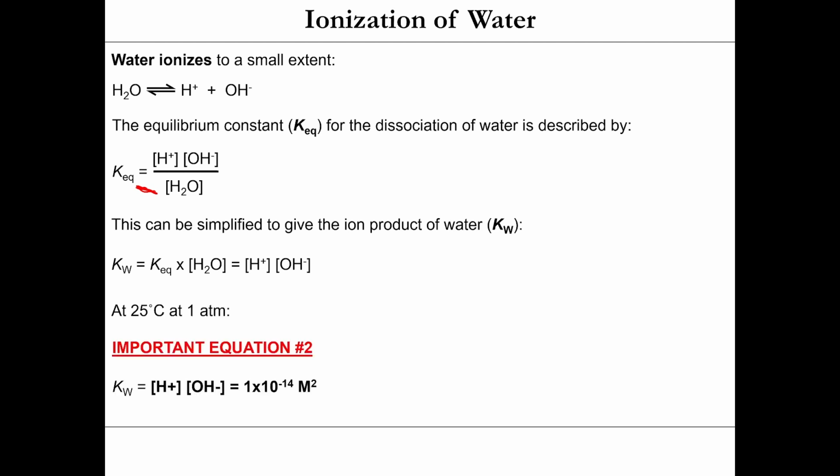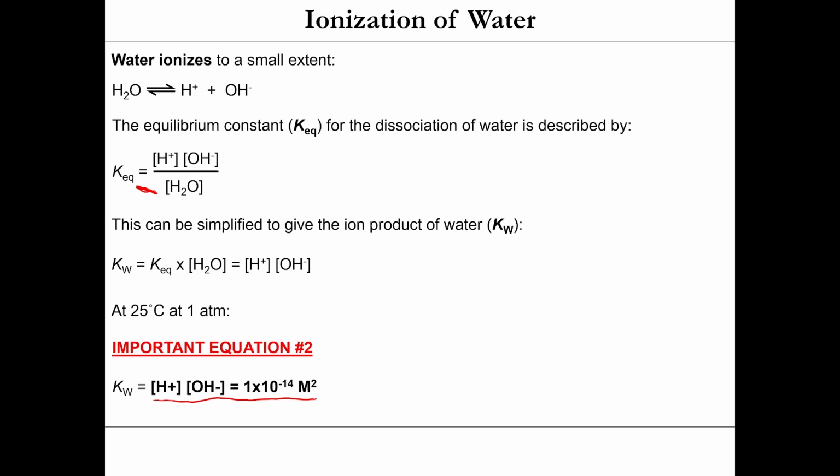So we actually know what this is. So at normal conditions, so 25 degrees Celsius, which is room temperature, and 1 atmosphere, this gives us an important equation number 2, which is the ionization of water equation, which is that the proton concentration and the hydroxide ion concentration equals 1 times 10 to the negative 14 molar squared. So I believe they derived this in your book, but you just need to know this equation, and that is the ionization of water equation.